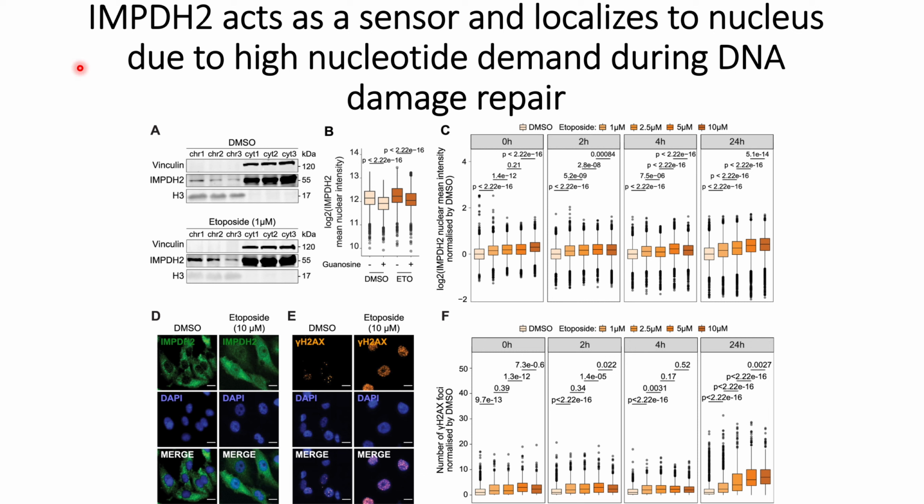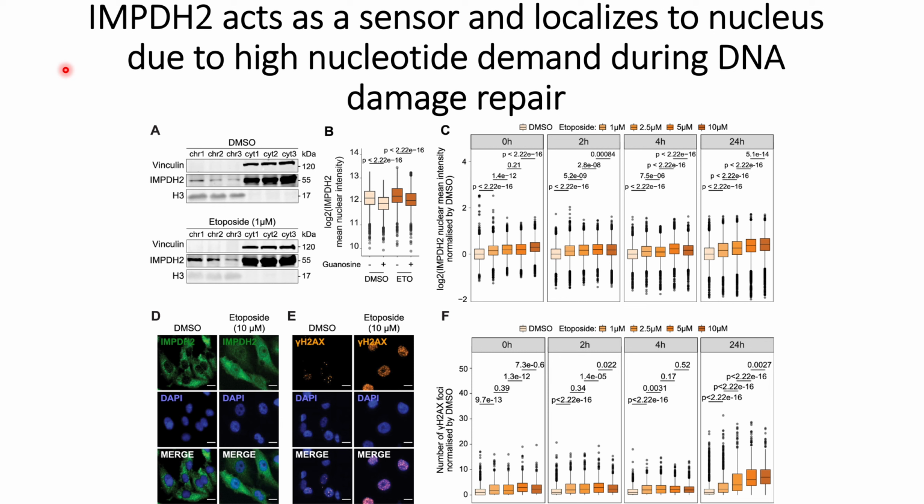Some of these hypotheses come from their previous paper, where they did the metabolic analysis of the cell lines that are more prone to DNA damage. They found that whenever those cell lines are removed from adipocytes, which cause DNA damage, and transferred to adipocyte-free media, DNA damage starts to occur.